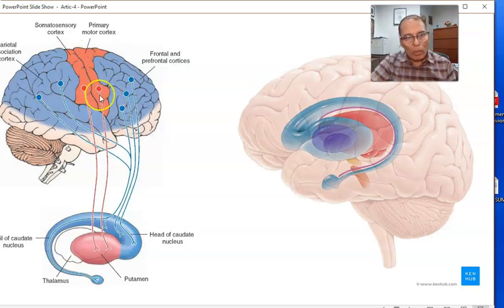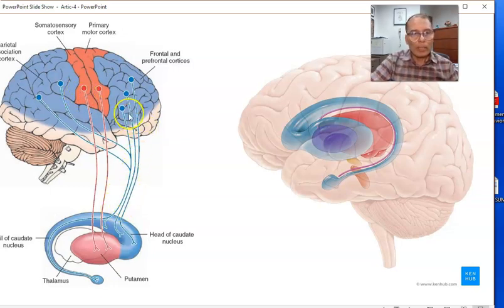The lower part here is dedicated to speech processing and face, and the part behind it is dedicated also to face and lips and neck and so on, but to give you sensation from them. So while you are doing something with your lips, for example, you are feeling that at the same time.